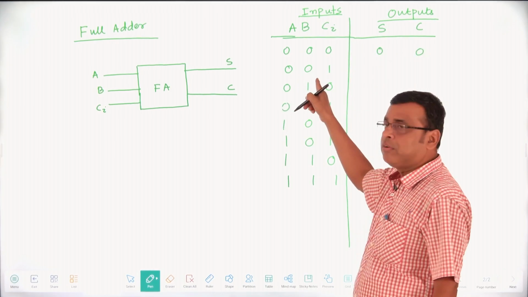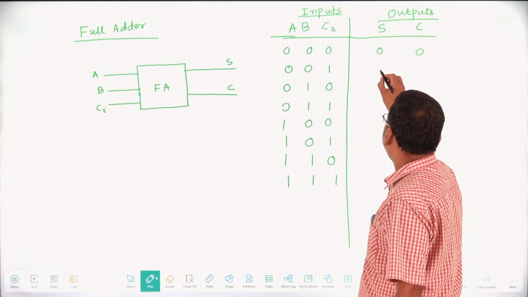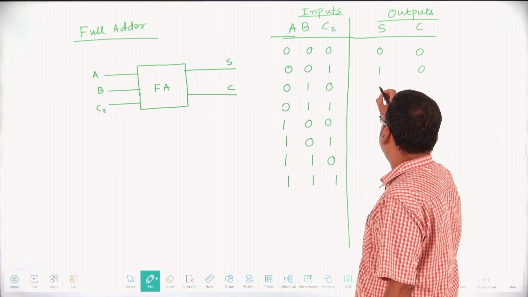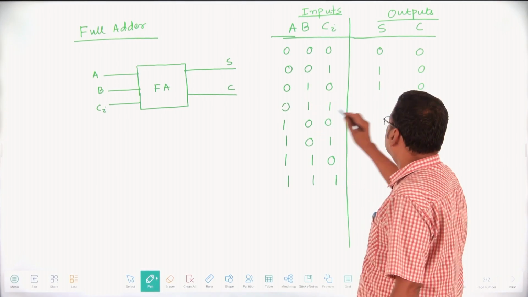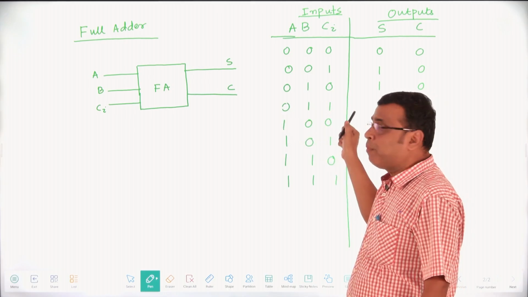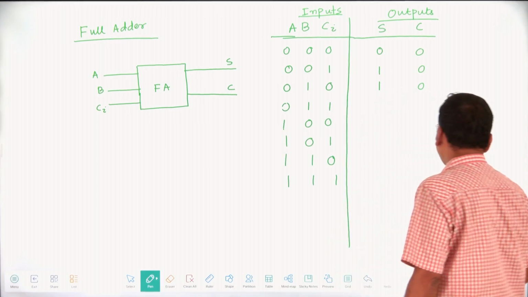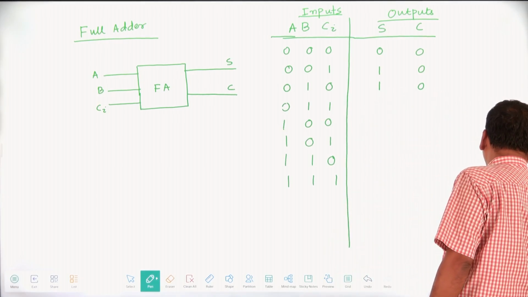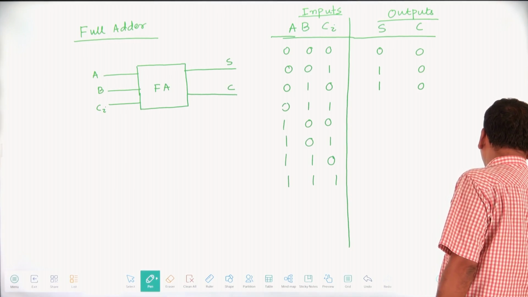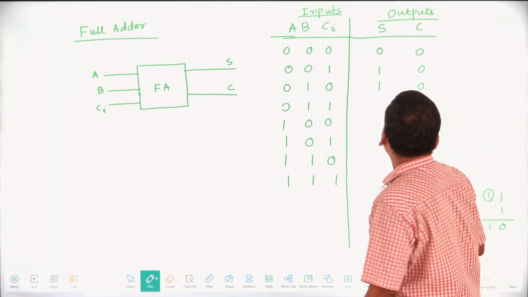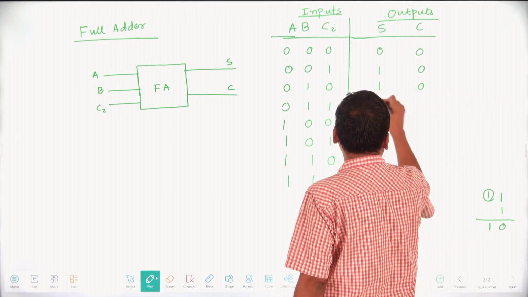Here 0 plus 0 plus 1, that is sum 1, carry 0. Similarly 0 plus 1 plus 0, 1, the sum 1, carry 0. Here 0 plus 1 plus 1, that is 1 plus 1, that is your 0 with carry 1. If you add 1 plus 1, the sum will be 0 and carry will be 1.